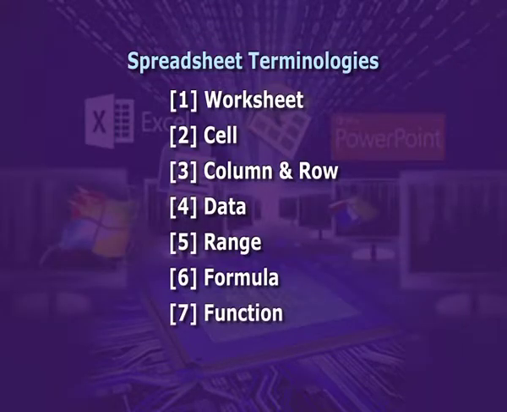Next, function. A function is a preset formula. Like formulas, functions in Excel begin with an equal to sign, followed by the function's name and its argument. The function name tells Excel what calculations to perform. The arguments are contained inside the round brackets and tell Excel what data or other information to use in the calculations.